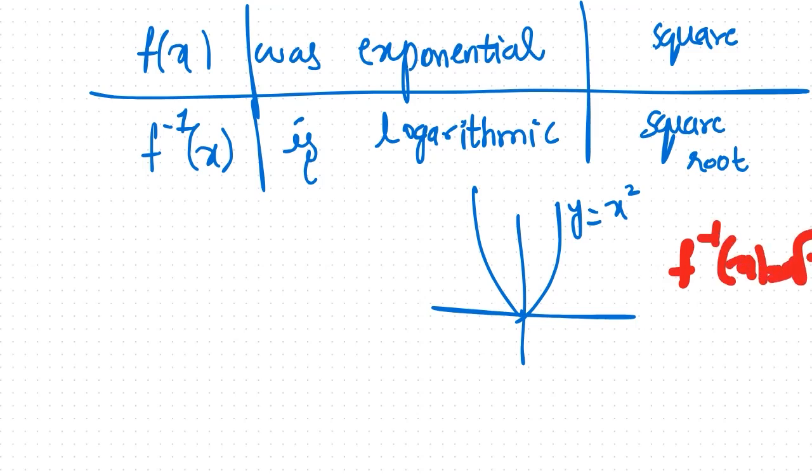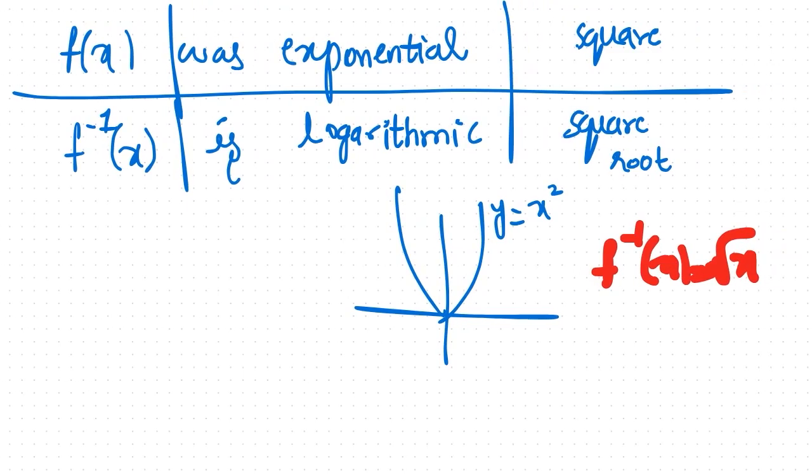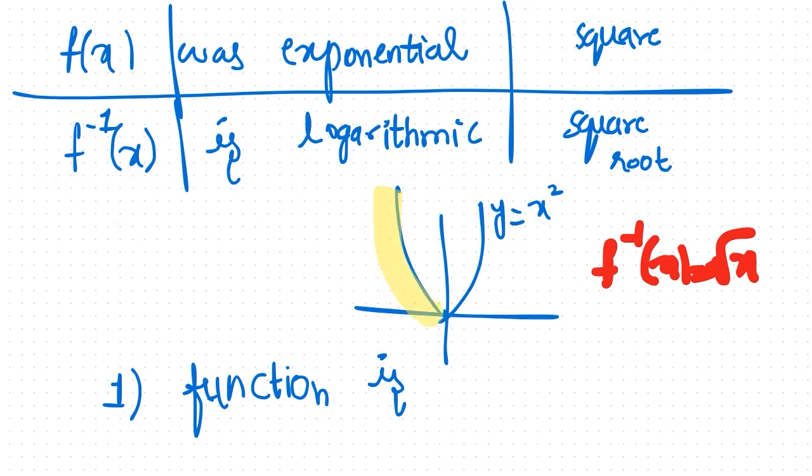But before we do that, what do we need to consider? The domain. We need to consider the domain in which the function is one-to-one. One-to-one functions have an inverse. If you look at this parabola, from here to here it is acting like one-to-one, and here to here it is also acting like one-to-one.